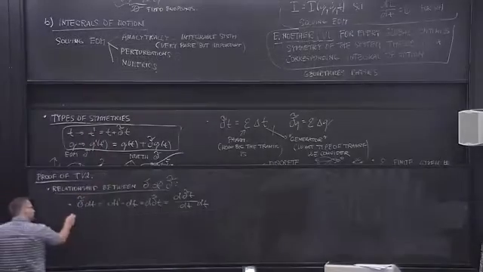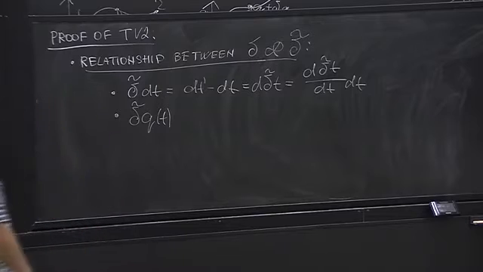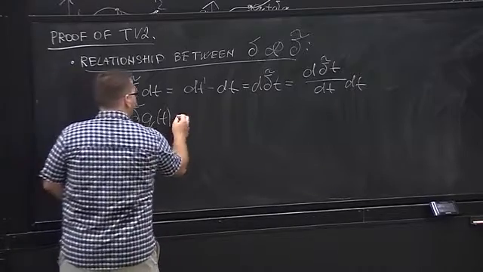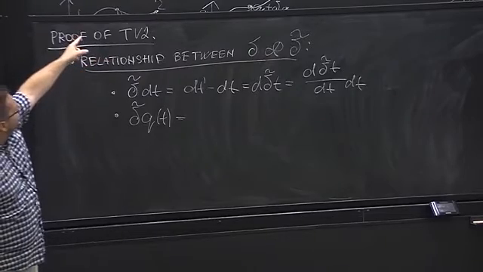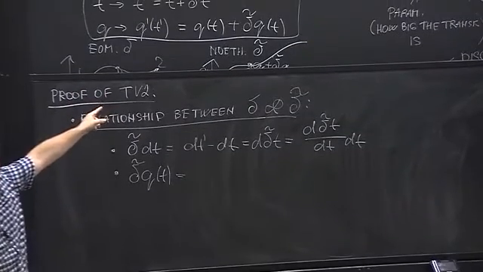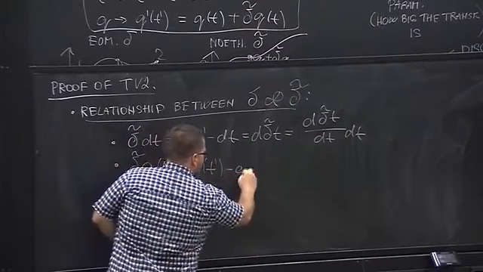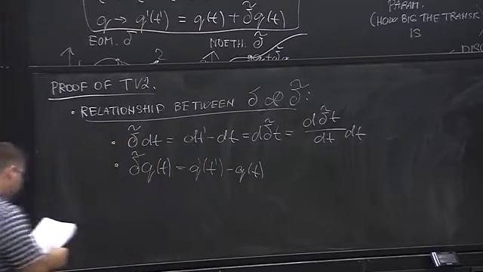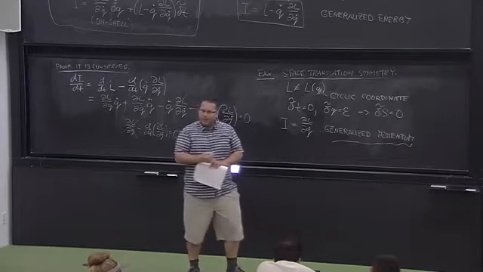However, when it acts on functions, I'll prove that for just a function of q, but it will be valid for any function of q and q dot actually. So let's do it for q. By definition, delta tilde q of t is just q prime at t prime minus q at t. Now you want to compare the things at the same time, right?